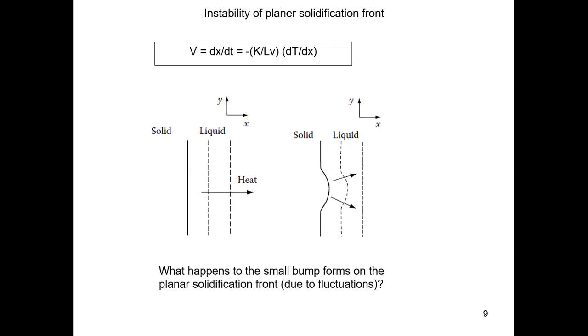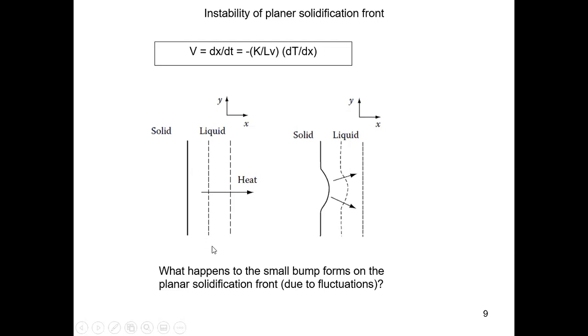Okay, so this kind of leads to the scenario for the unstable growth, right? In the ideal case, you have a planar interface, and all the liquid atoms are constantly and uniformly added to the solid, so you have a thin layer of uniform thickness of solid forming, right?